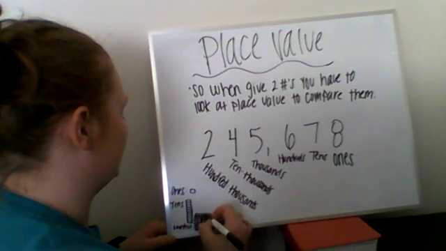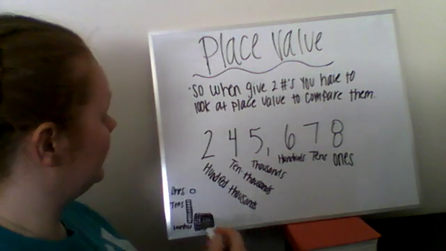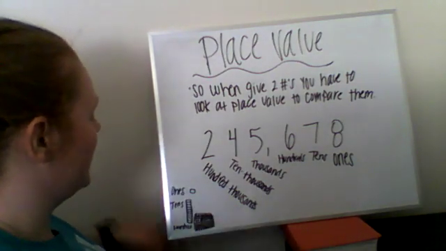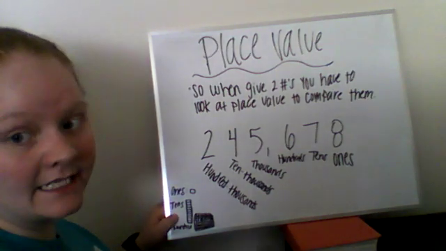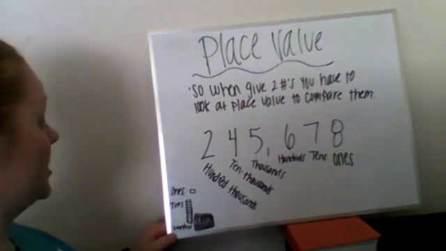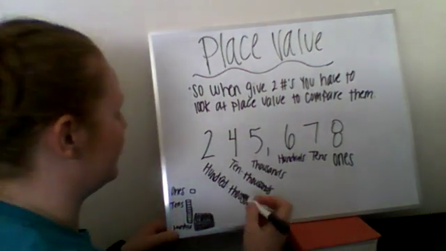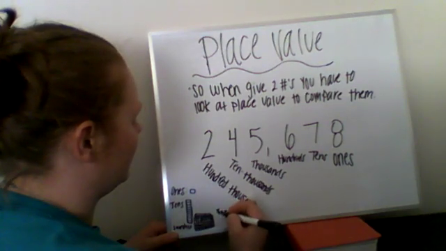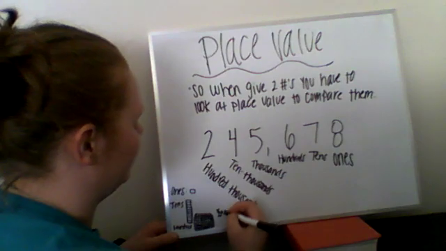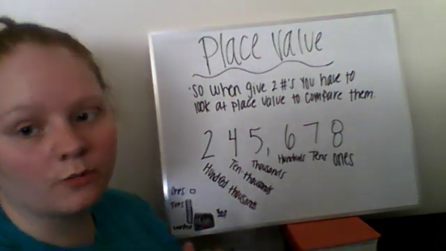It's kind of a bad drawing, but you get the idea. It's cut into 10 groups of 10. So my ones is just represented by 1. My tens is 10 groups of 1. My hundreds is 10 groups of 10s, which make that. And then my thousands are 10 groups of hundreds. So that's like the little cube.